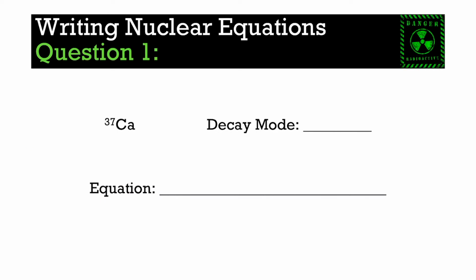So we're going to be bouncing back and forth between these. To find the decay mode, Table N does that for you. All these 10 elements are found on Table N. Then when we write the equation, we can use Table O to get a better idea of what that particle looks like.